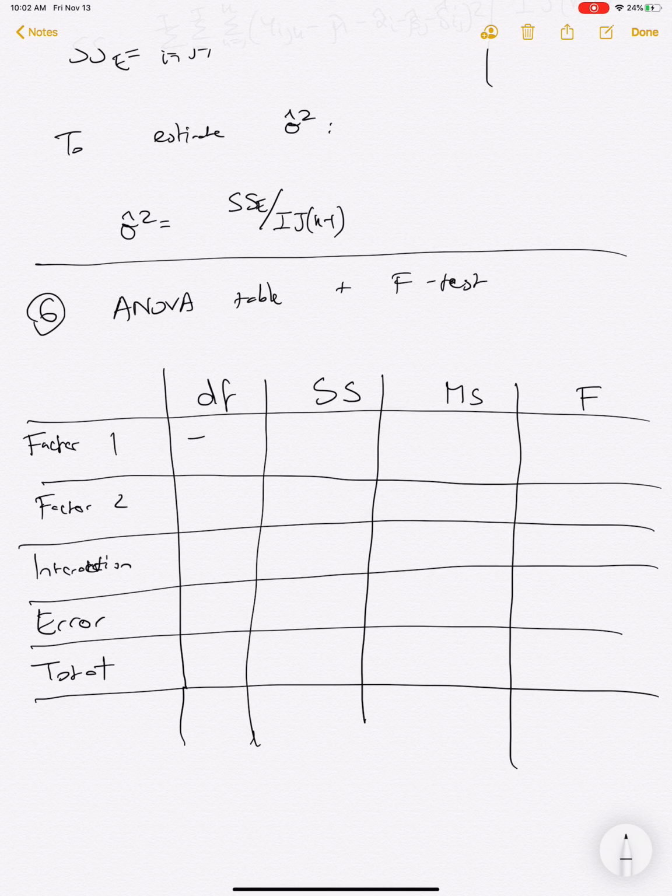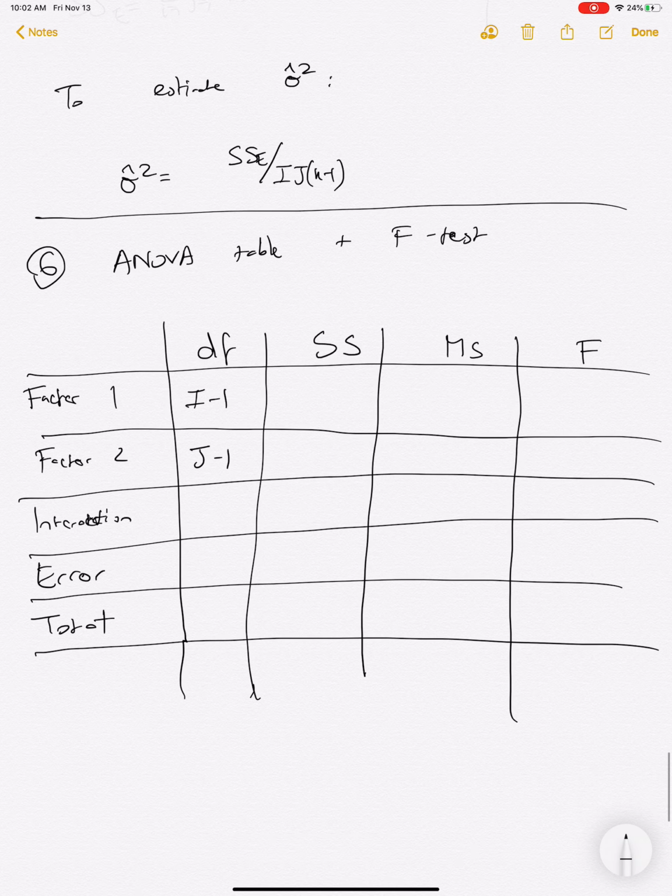Okay. So for factor 1, we know that there's I minus 1. For the first 2 columns, I'm really just summarizing what we already did. And then we have ijk minus 1. And then for the sum of squares, we've already calculated this, but we want to put it on the table here.